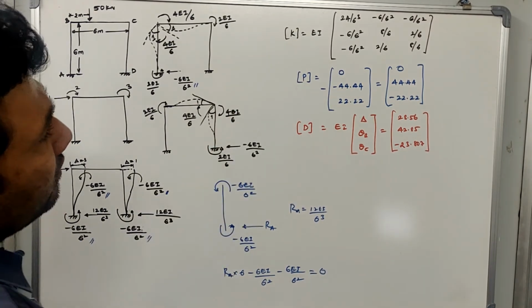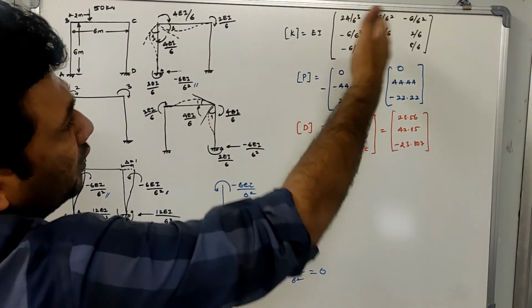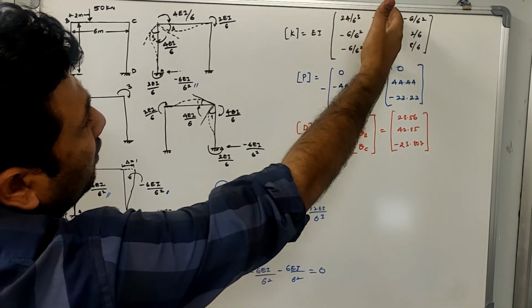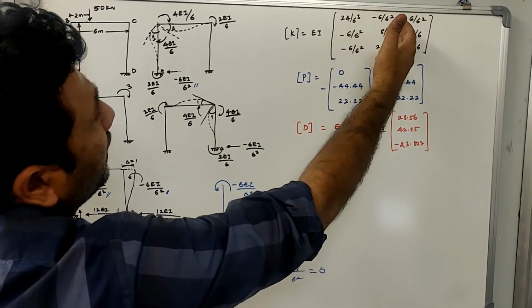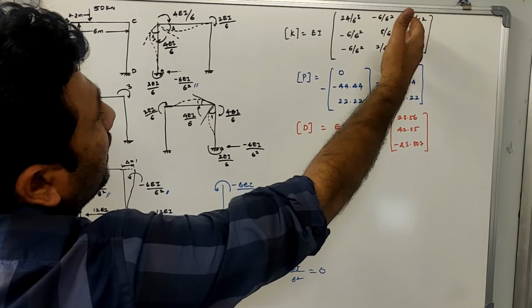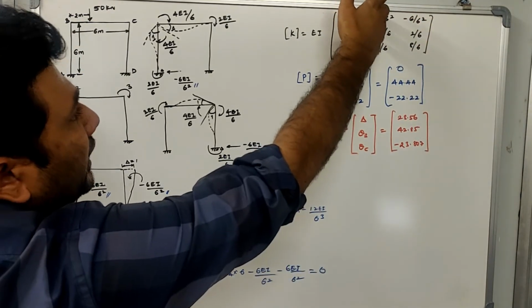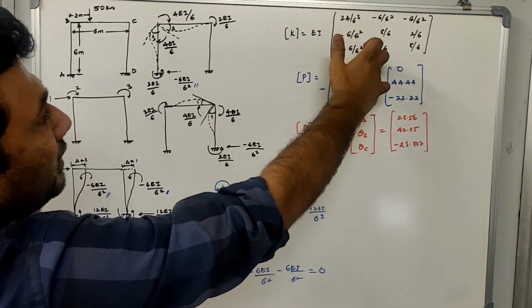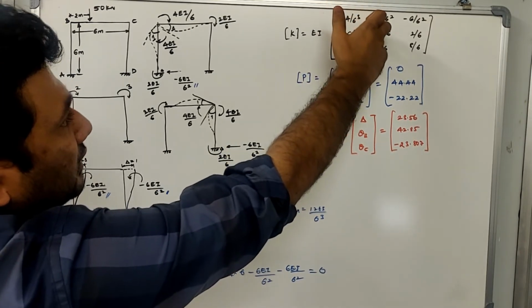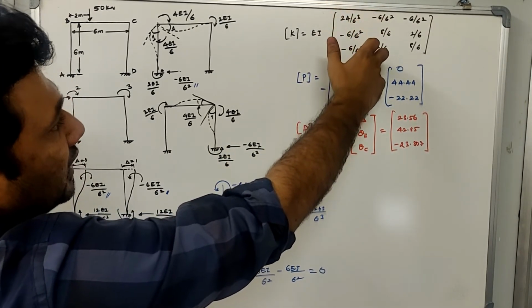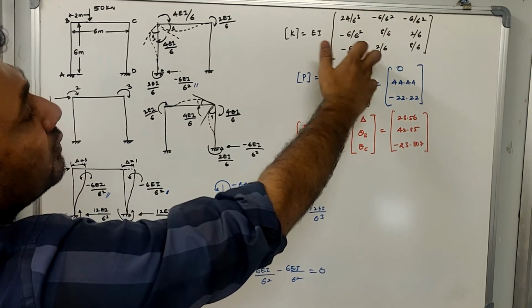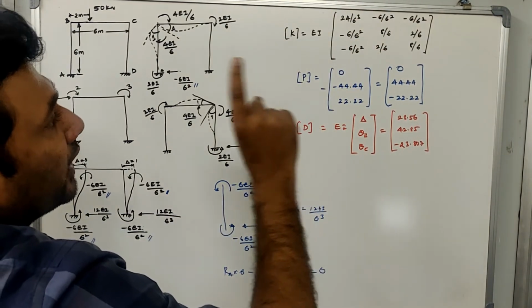To develop the stiffness matrix, as we know, there are the terms called K11, K12, K13, K21, K22, K23, and so on. Let us first solve K11, K21 and K31. These are the stiffness values which are generated because of application of unit force or moment at the first coordinate.